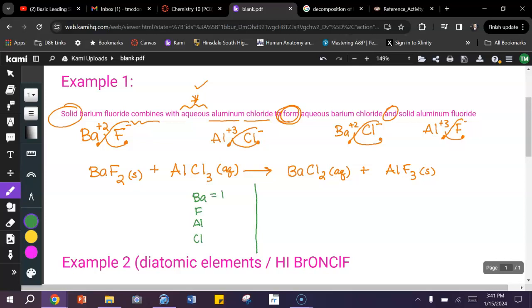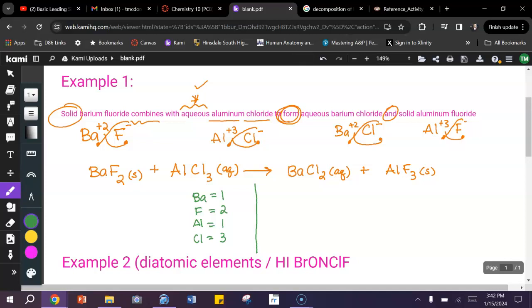We have 1 atom of barium, we have 2 atoms of fluorine, we have 1 of aluminum, and we have 3 of chlorine. So as you can see, it's really important that you write out your formulas correctly, because if you don't, then your atom inventory is going to be completely wrong.